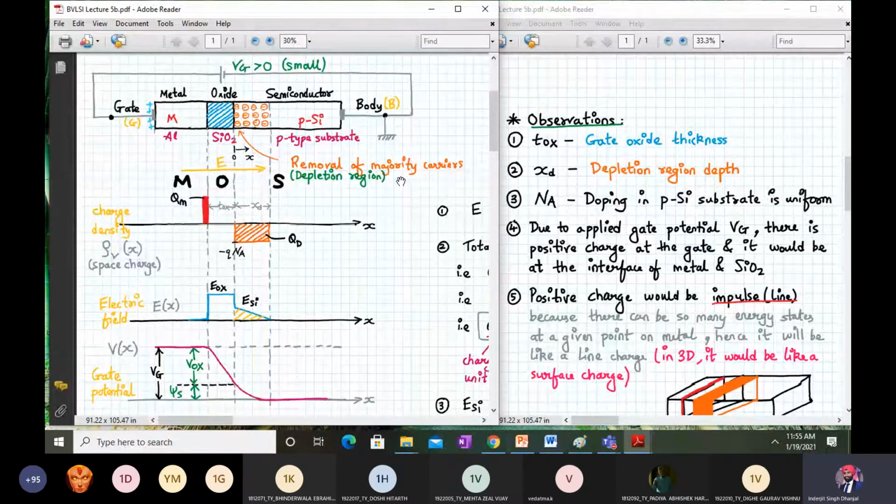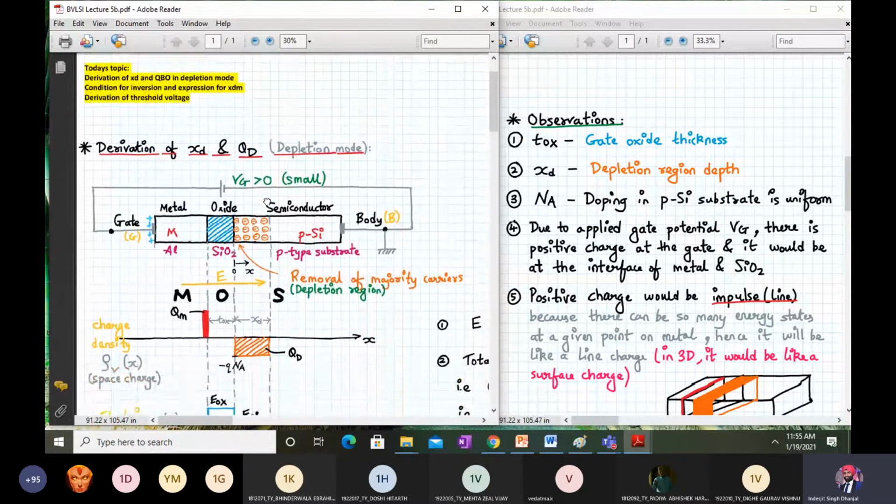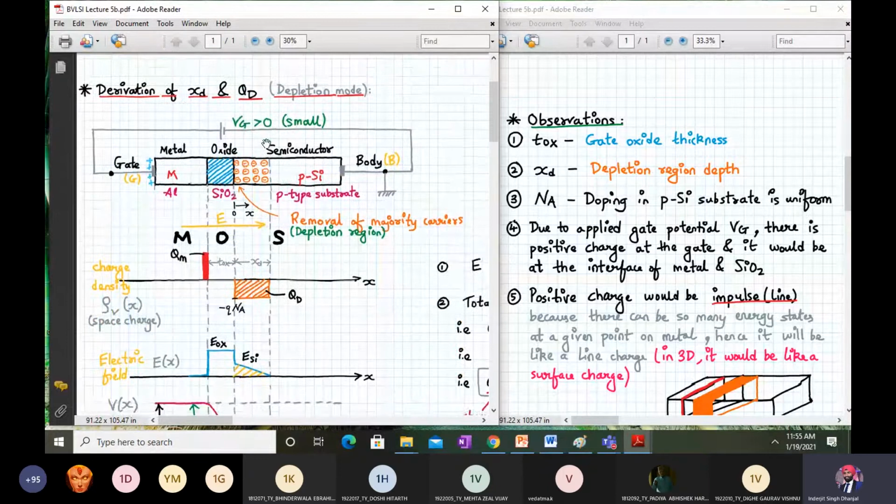This is a very, very important section of the OneNote PDF, wherein we will derive the expression for XD. What is XD? XD is the depletion region width in the depletion mode. We will also derive the expression for the depletion region charge density. You remember in the depletion mode, we have negatively charged immobile acceptor ions.